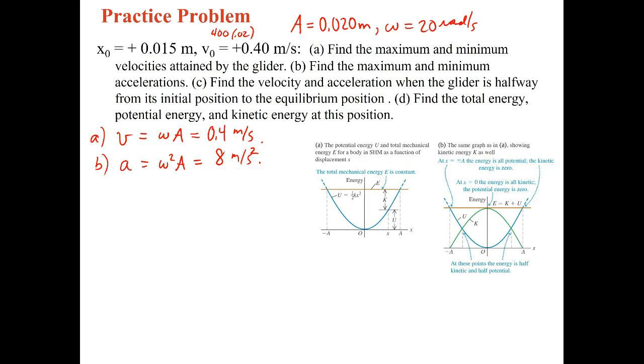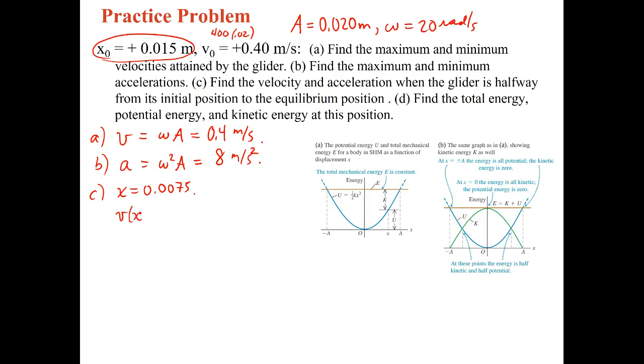Okay, so now let's find the velocity when we're halfway to equilibrium. Halfway from initial position to equilibrium is going to look kind of like this, that x is going to be 0.0075. So we want half of this.